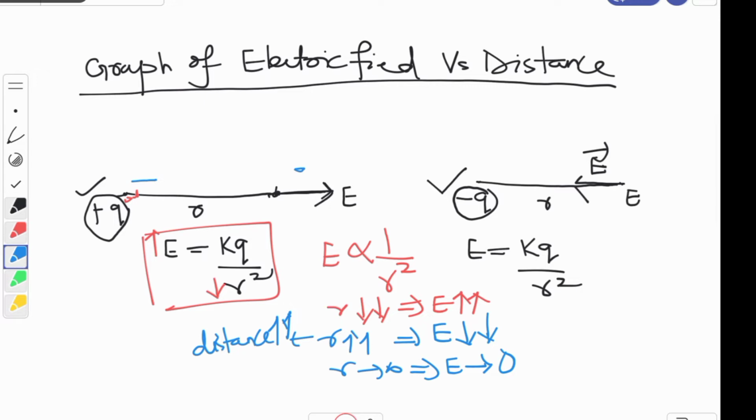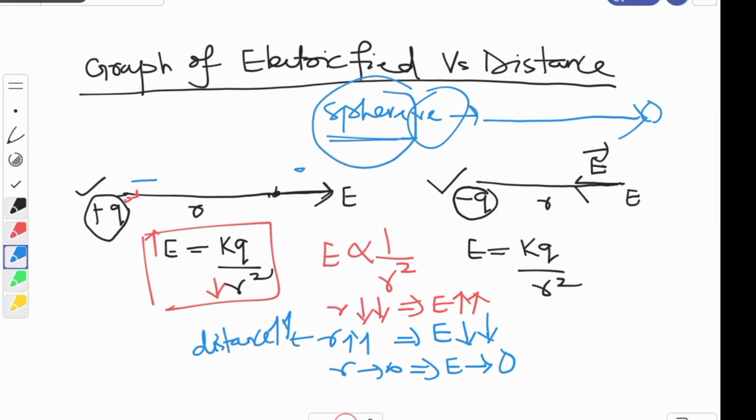Now we always consider the point charge. I have already been telling this. Suppose there is a charged sphere, can we consider it as a point charge? We can consider a sphere as a point charge also, children. How? When we find the electric field far away from this sphere, that means the distance is very large, then from the far off distance this sphere will look like a point charge.